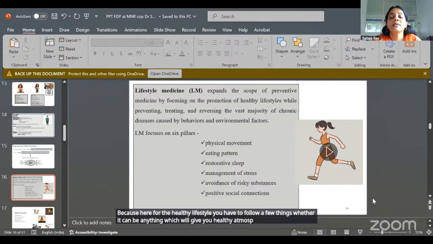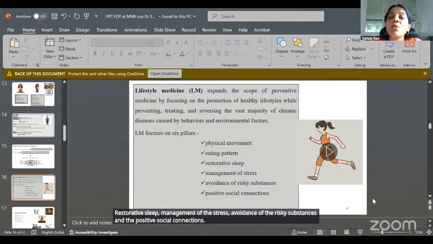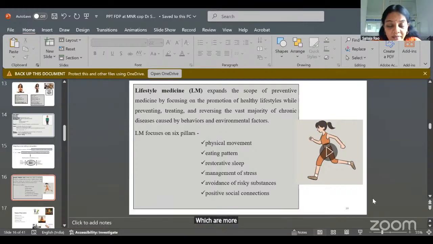Of course, I have kept 6 pillars: physical movement, eating pattern, restorative sleep, management of stress, avoidance of risky substances, and positive social connections, which are more and more important for the reversal of the disease. Next slide.